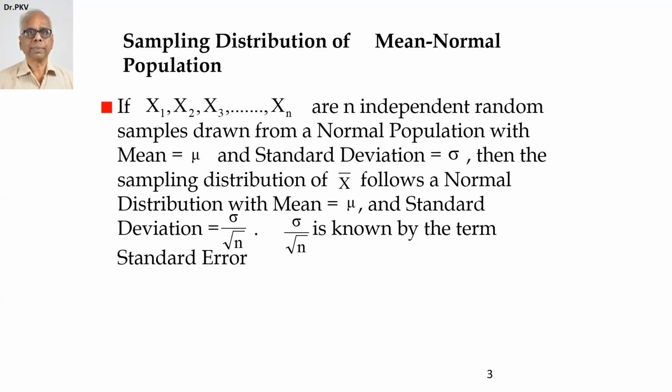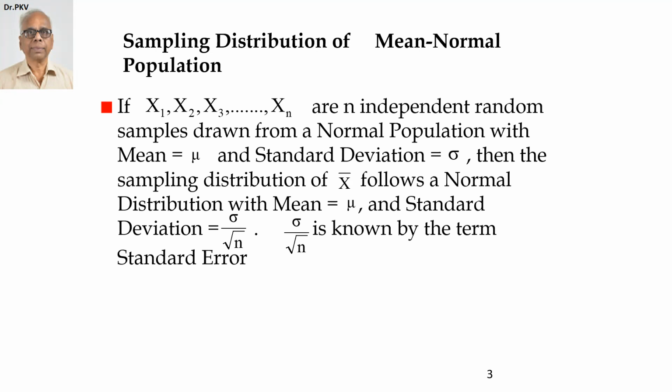Then the distribution of X bar follows a normal distribution with mean mu and standard deviation sigma upon root n. Sigma upon root n is known by the term standard error. So this is the definition of sampling distribution of mean when the population is normally distributed.